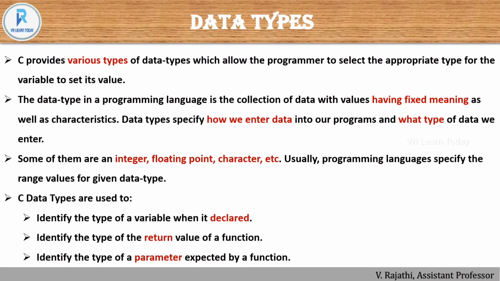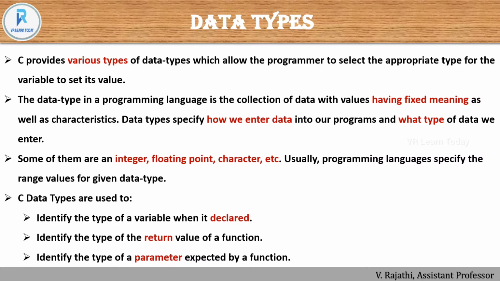First we have to know what a data type is. C provides various types of data types which allow the programmer to select the appropriate type for the variable to set its value. The data type in a programming language is the collection of data with values having fixed meaning as well as characteristics.